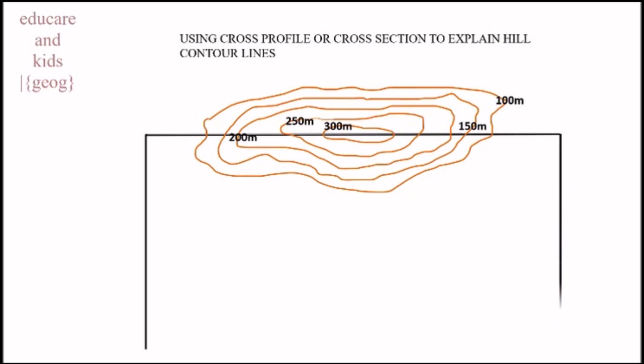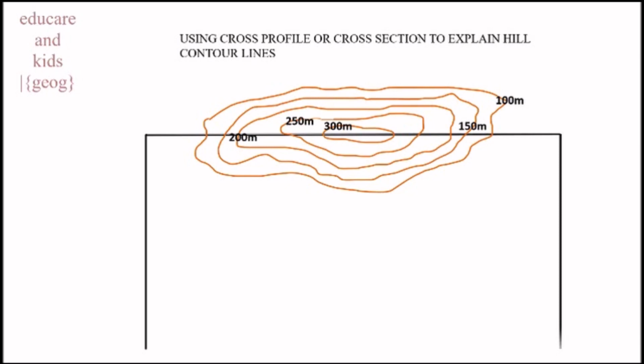This is usually done using a graph book, but this lesson is going to let us understand the principles first before we start using graph book for cross profile or cross section.